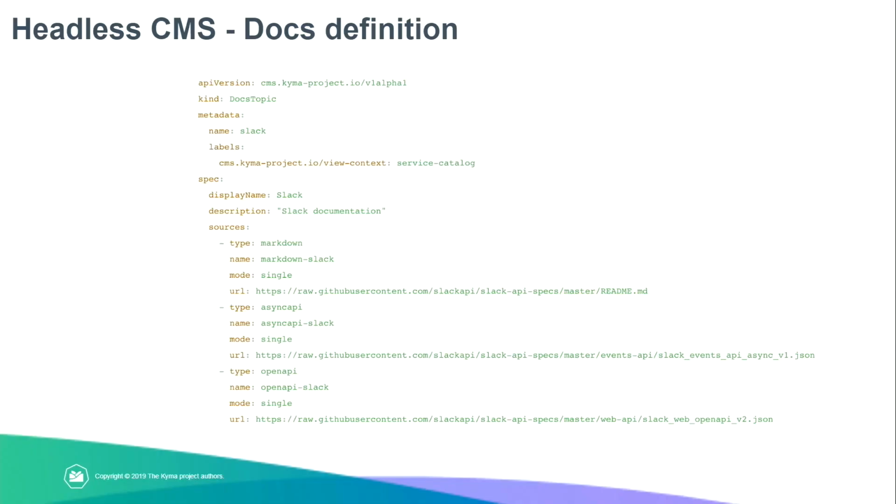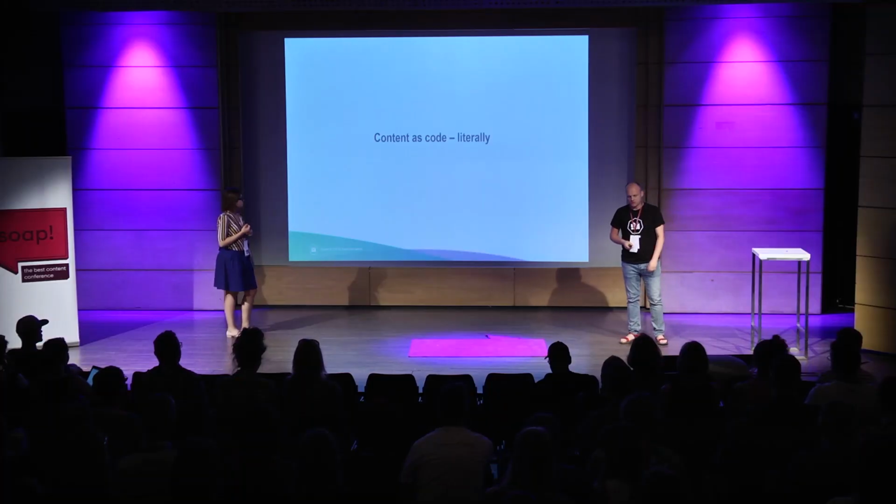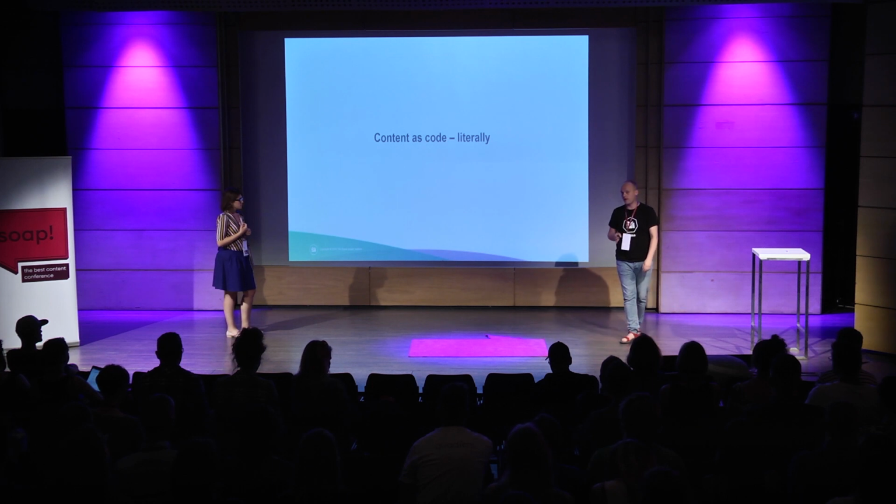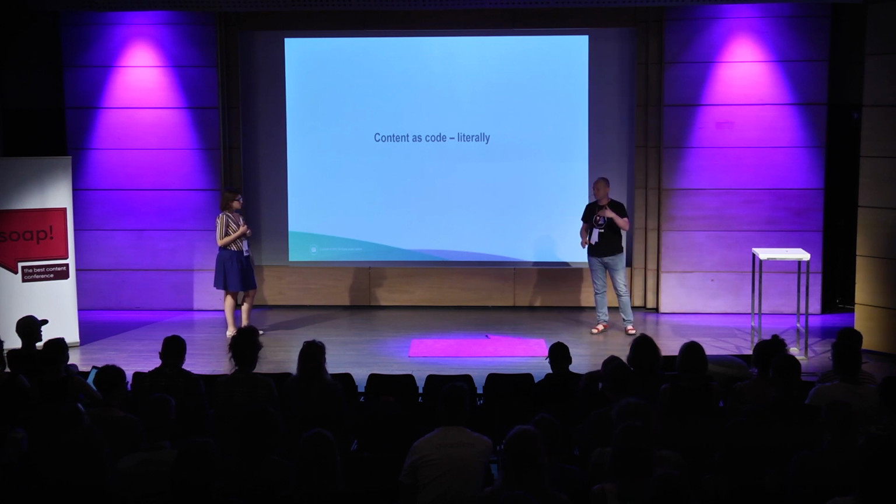Here on the screenshot, you see an example of a Slack application where a developer can specify different sources for this specific documentation topic: Markdown files stored on different HTTP servers, specs on other servers, and then at the end, our component makes sure it's all placed in one location, hidden behind the API, and everything works. So yes, content as code literally works really well, and for me, as a product owner, really pays off.